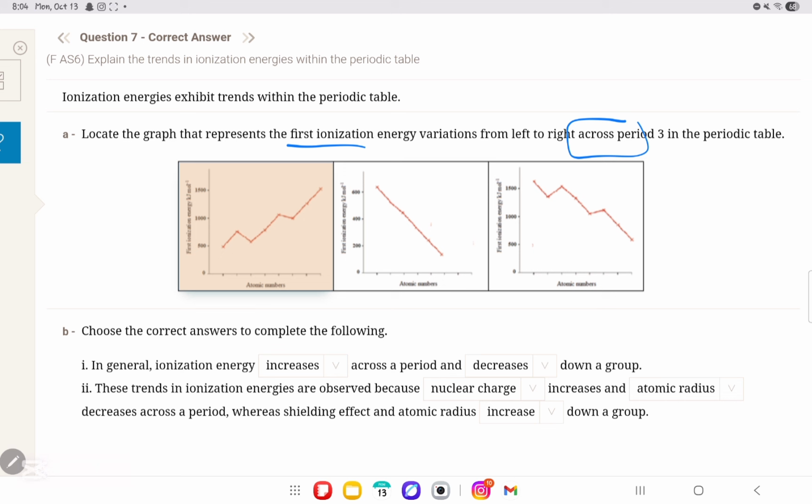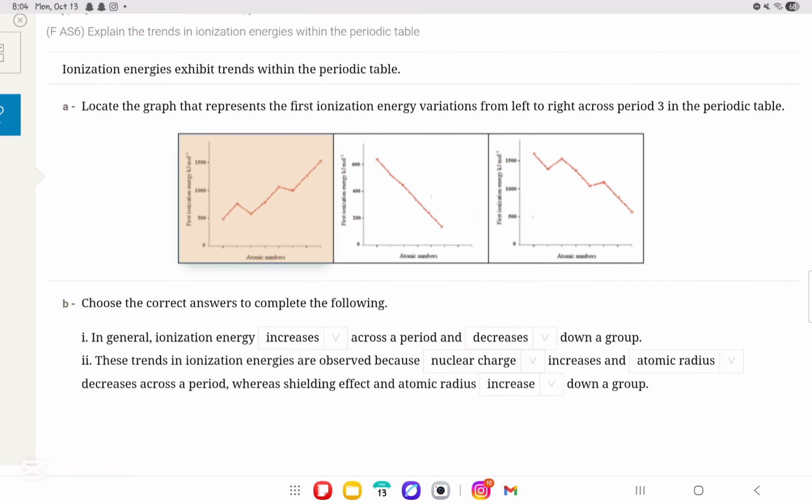What do we know about ionization energy across a period? It increases, but it does not increase steadily. It increases, then decreases, then increases again, and decreases, then increases again. So we can say that this is the first ionization energy.